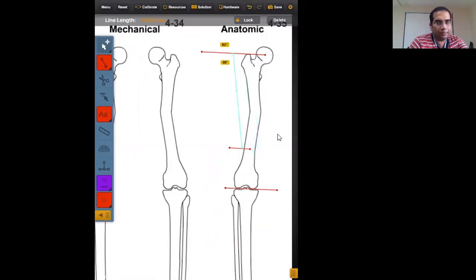Here, I'm going to draw a mid-diaphyseal line of the proximal femur, and then I'm going to draw a 7 degrees reference line to that parallel line, and this is going to give me the mechanical axis of the proximal femur. Then I'm going to draw a reference line of the distal femur with LDFA of 88 degrees.